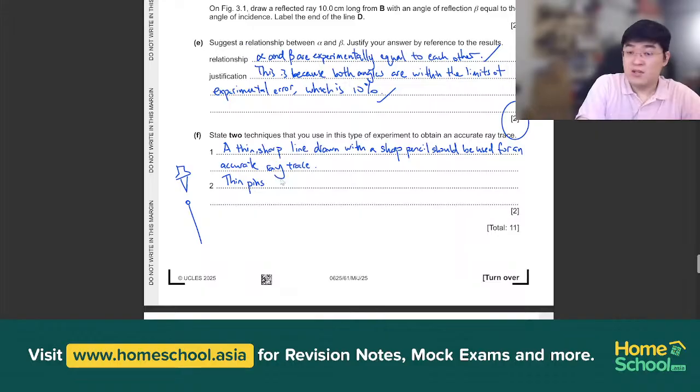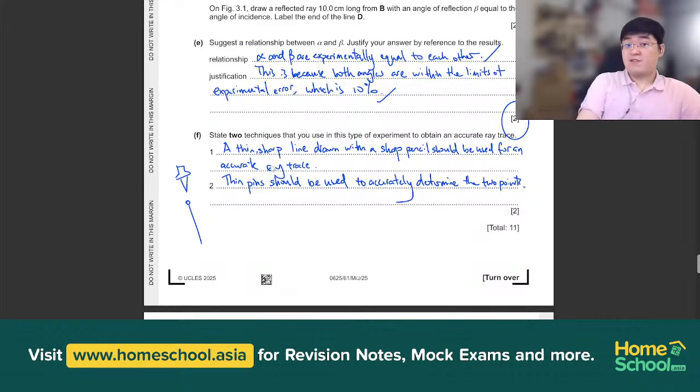Thin pins should be used to accurately determine the 2 points. Writing these two down should get your full 2 marks.